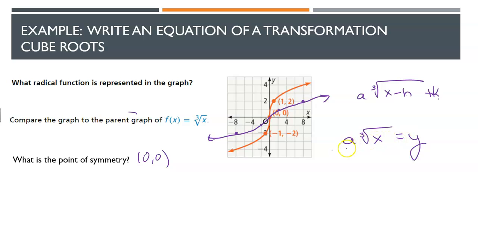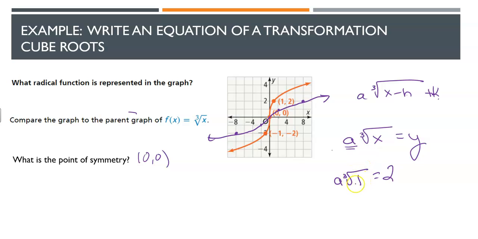So I know it's a times the cubic root of x equals y, but I don't know what that a is. So I do know 1x and 1y, and I'm going to use the positive ones just because I like that better. So when I put 1 in for x and 2 in for y, I can start to do some simplification. I can figure out what a is.